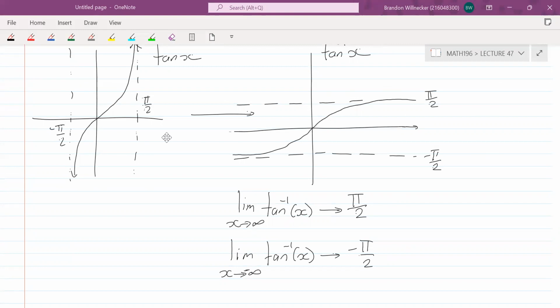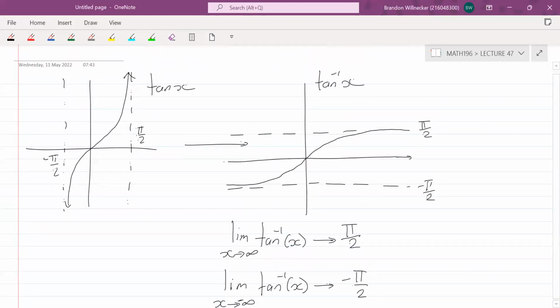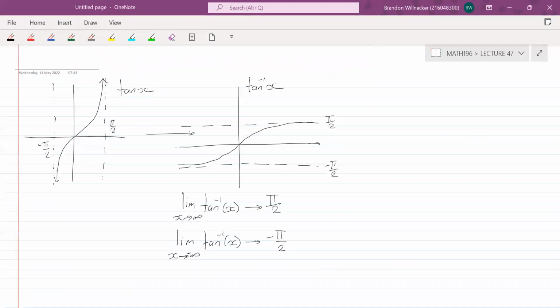So if we flip that around, and we take the limit as x goes to minus infinity of arctan of x, we're going to get back minus pi over 2. Okay, so just keep in mind that the vertical asymptotes at pi over 2 and minus pi over 2 for tan of x now become the horizontal asymptotes pi over 2 and minus pi over 2 for arctan of x. Okay, so we've just flipped this function over in the process of taking the inverse.